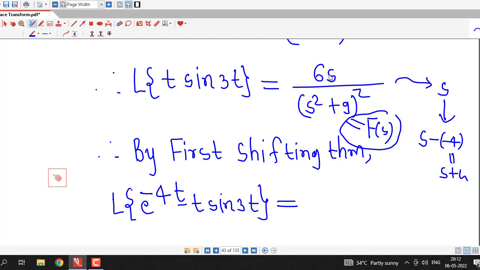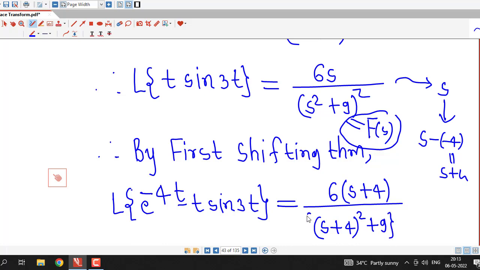So we will replace s by s plus 4 everywhere in this function. 6 into s, and we replace s by s plus 4. Here we have s square, so we consider square of s plus 4 plus 9 whole square.